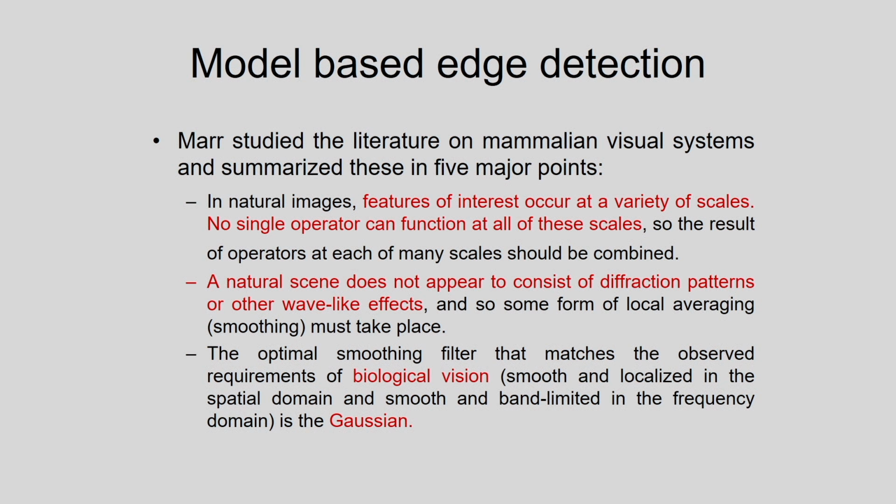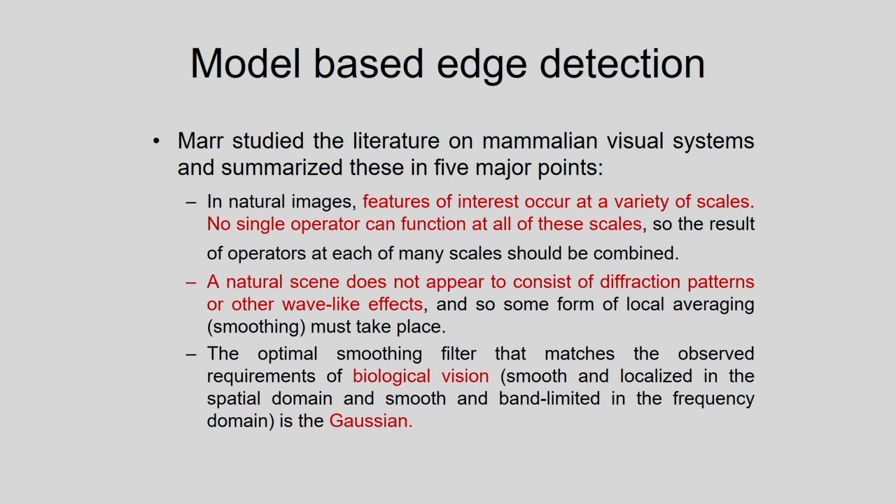The second observation is that for a natural image, we cannot expect diffraction patterns or wave-like effects. That means some form of local averaging must take place. So we have to do some smoothing, and that smoothing I can do by Gaussian blurring.